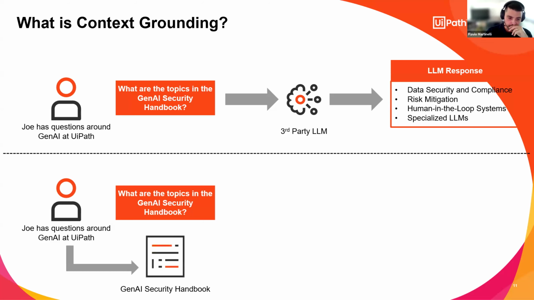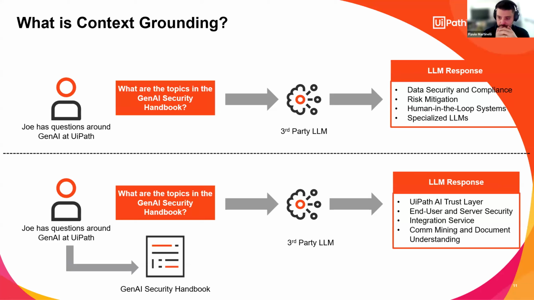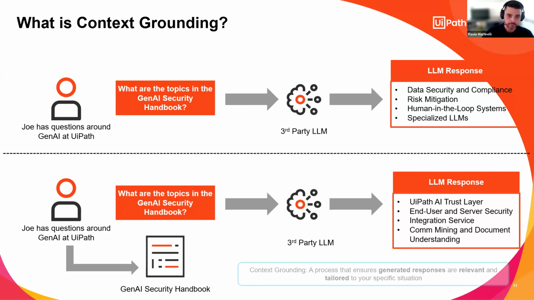The benefit, of course, is that I will receive answers that are related to my company and more specific. We made a couple of demos, which we will see later, giving some context to our GenAI. It takes information from the documentation it was given and gives more precise answers, more related to the context.